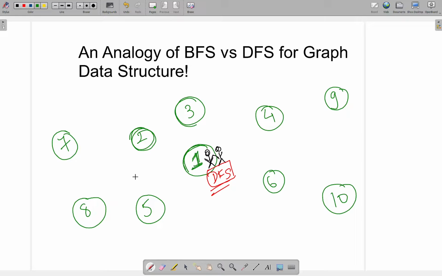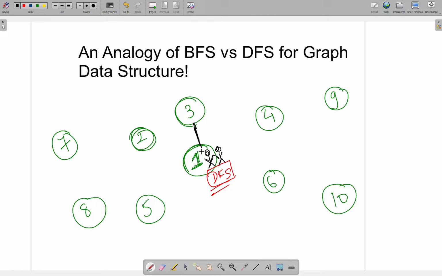Let us also establish the edges between the cities. We have an edge between 1 and 3. You can consider that it is possible to go from city 1 to city 3 via a road, a railway route, or a boat route. Basically it says that city 3 can be conquered from city 1.